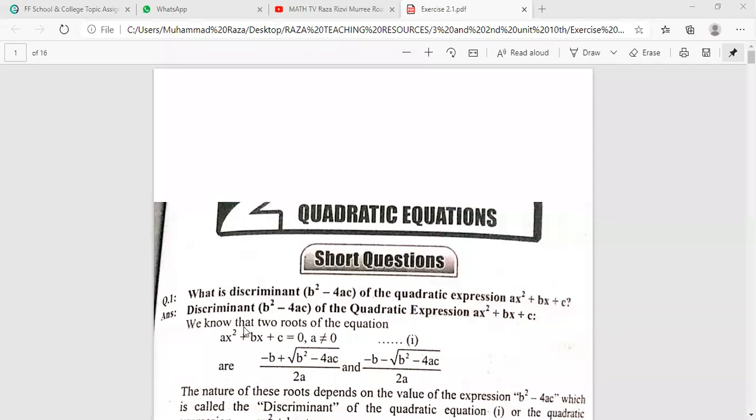The discriminant b square minus 4ac of the quadratic expression ax square plus bx plus c, we know that there are two roots of the equation. The roots are minus b plus under root b square minus 4ac over 2a, and minus b minus under root b square minus 4ac over 2a.